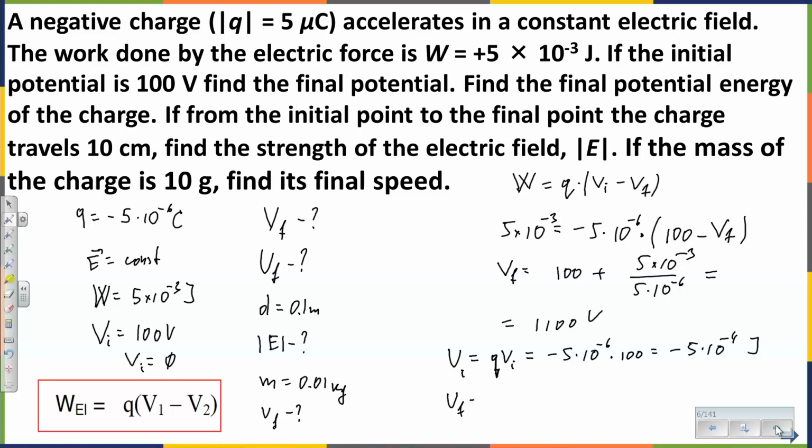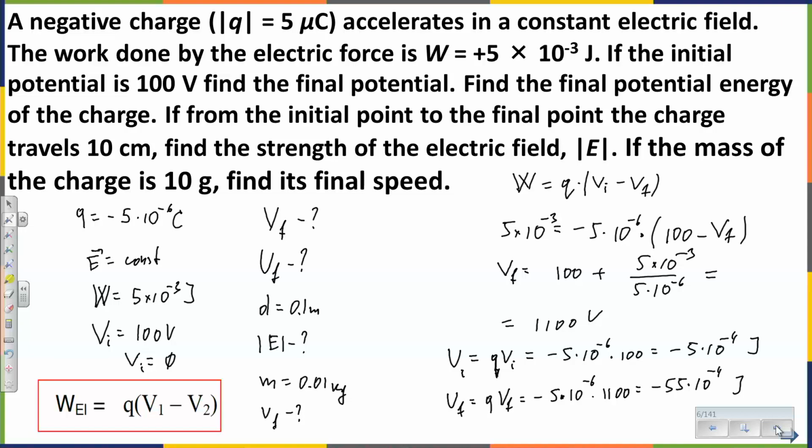Final potential energy: negative 5 times 10 to the negative 6 times 1100. So, still negative, 55 times 10 to the negative 4 joules, right? If I break it into 11 and 100, yes.